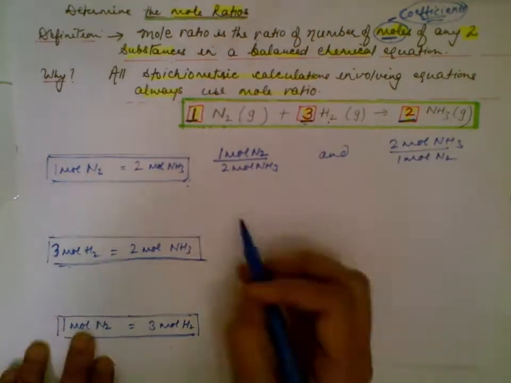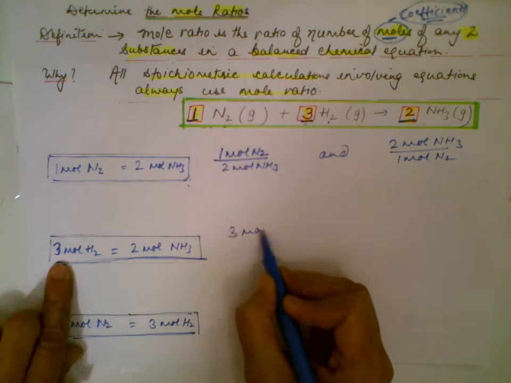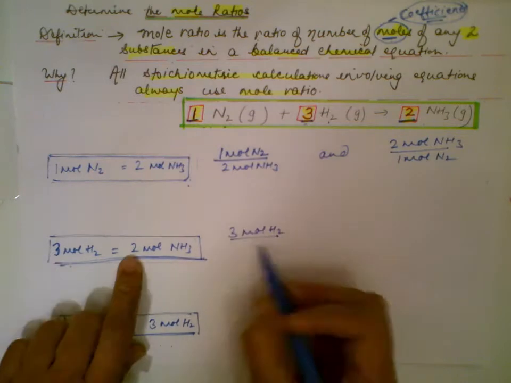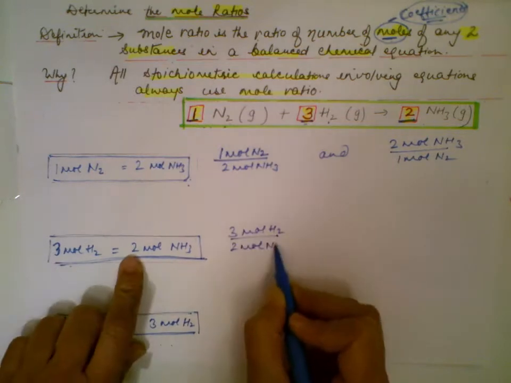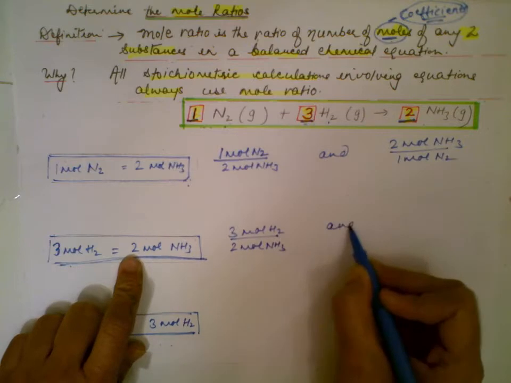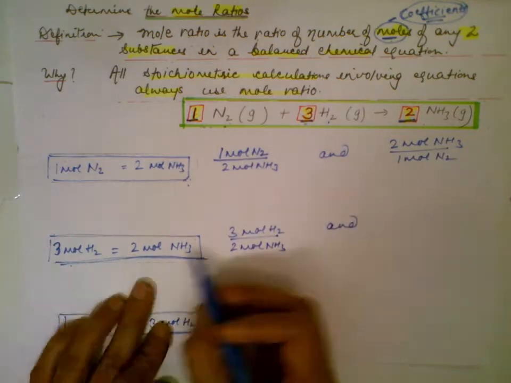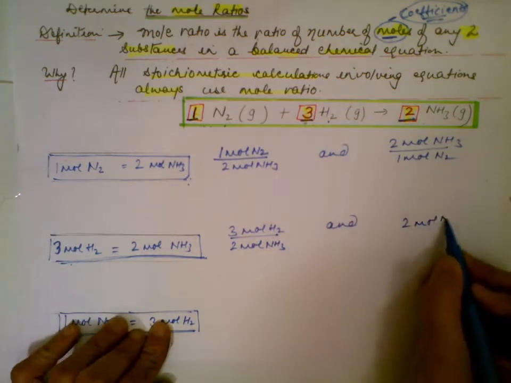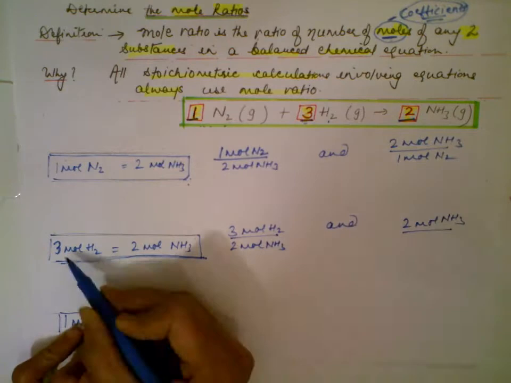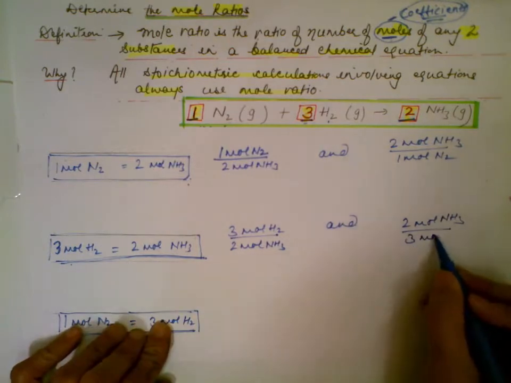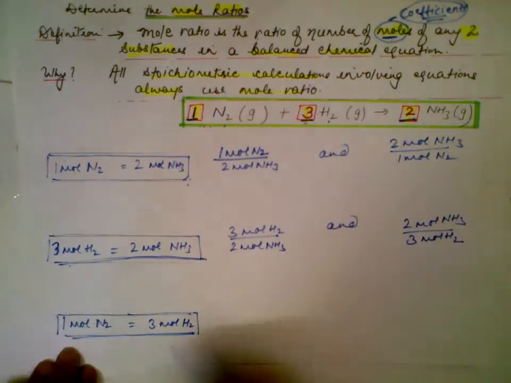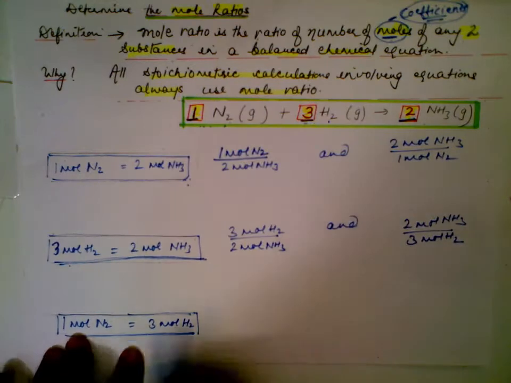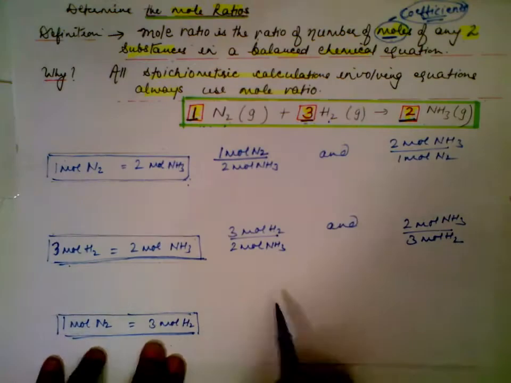Similarly here, 3 moles of hydrogen consumed, 2 moles of ammonia are produced. And another fraction we can write from here is for every 2 moles of ammonia produced, 3 moles of hydrogen are consumed. Similarly here also we can make 2 fractions for mole ratios.